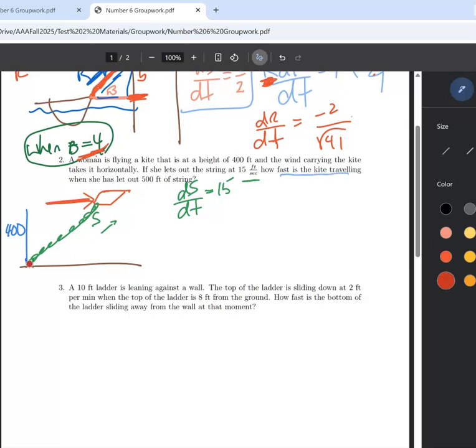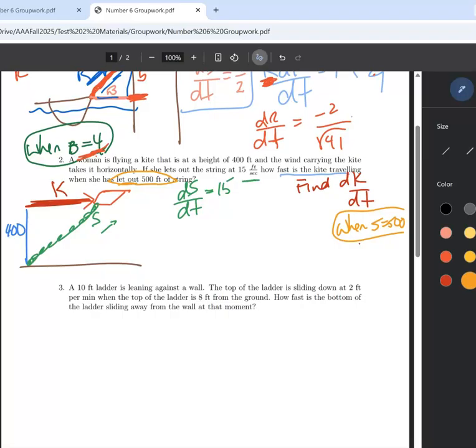So kite would be here, right? So I'm going to make that k, and then we want to find dk over dt. And then what's the when information? So it says when 500 feet of string is let out. So I'm just going to put when s is 500. Don't use it till after the derivative.